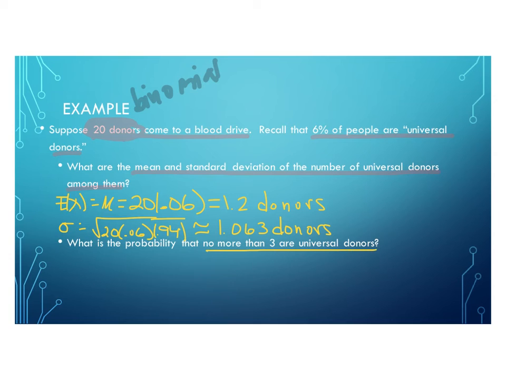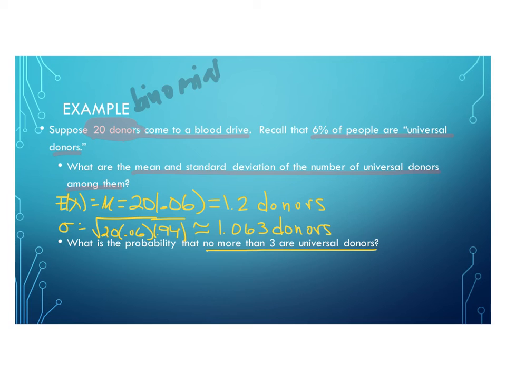And that's it. Now if we look at the next question, it says, what is the probability there are no more than 3 universal donors? Okay, there's a couple different ways that you can do this. You could list the probability of no more than 3: probability of 0 plus the probability of 1 plus the probability of 2 plus the probability of 3.